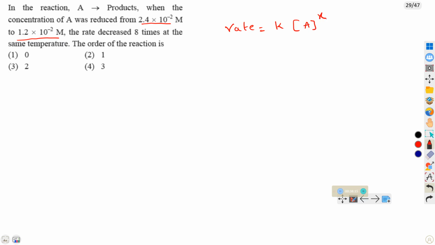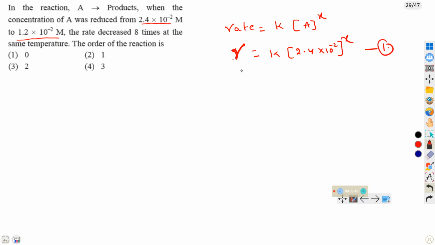We don't know the order. Initially the concentration is 2.4 into 10 power minus 2, and the initial rate is R. R is equal to k into (2.4 into 10 power minus 2) whole power x, equation 1.